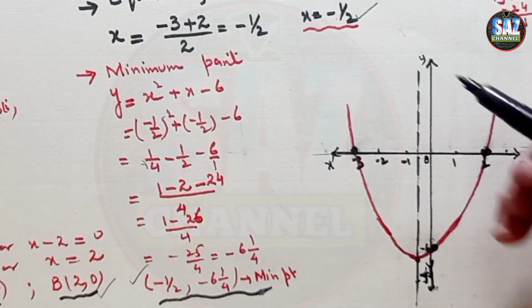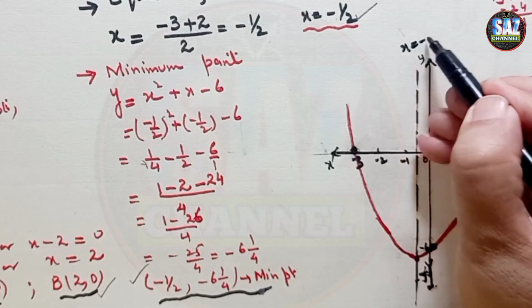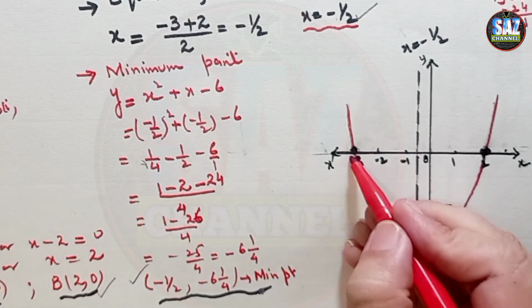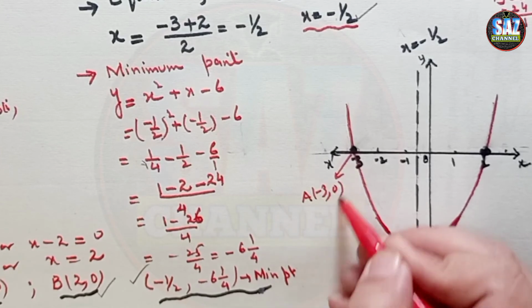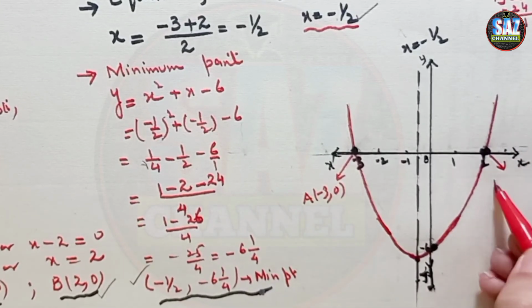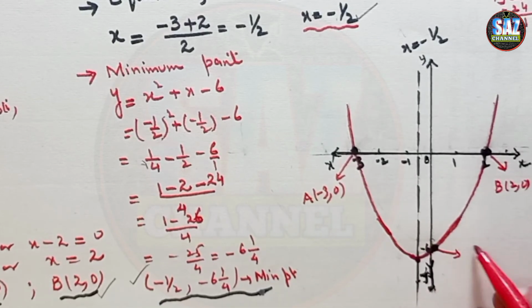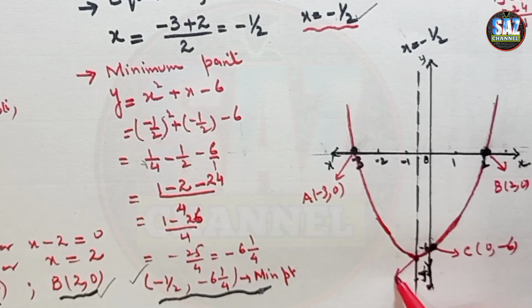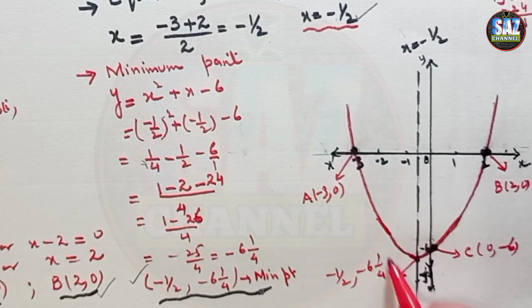And this is x equals minus 1 by 2, and these are the x-intercepts: A is minus 3 with 0, B is 2 with 0, and this is C, which is 0 with minus 6, and the minimum point is minus 1 by 2 and minus 6 whole 1 by 4.